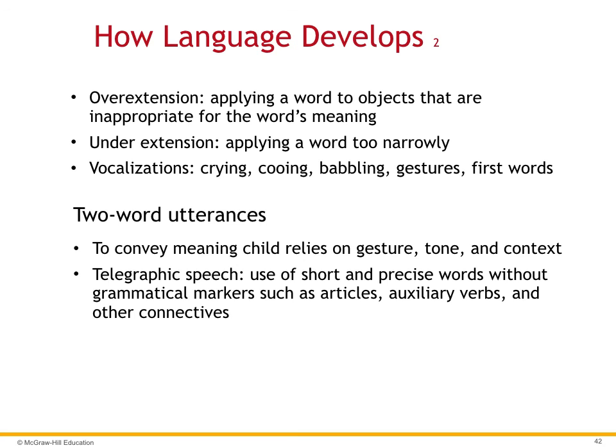And then we eventually get to telegraphic speech, which is short and precise words. There's not really much grammar that's applied, but just think of it like a telegraph, that's something very long and skinny. They are using very small, simple words to communicate their needs to someone else.